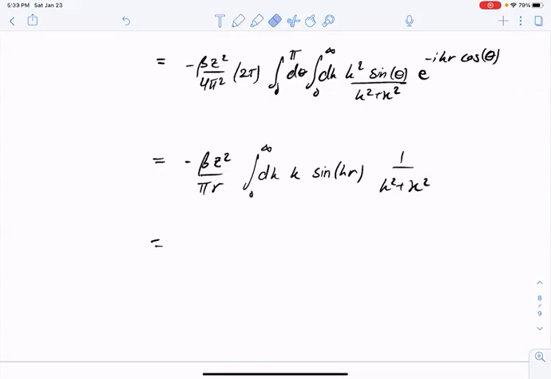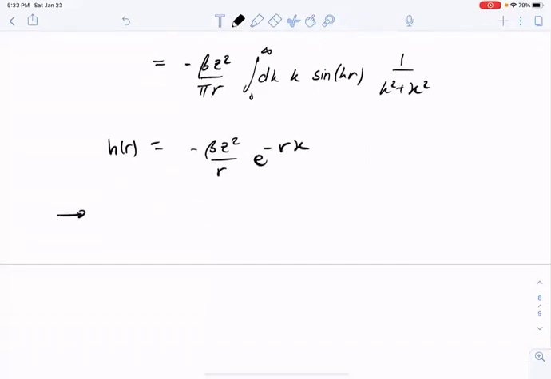It will evaluate to minus beta z squared over r e to the minus r times kappa. And that is h of r.